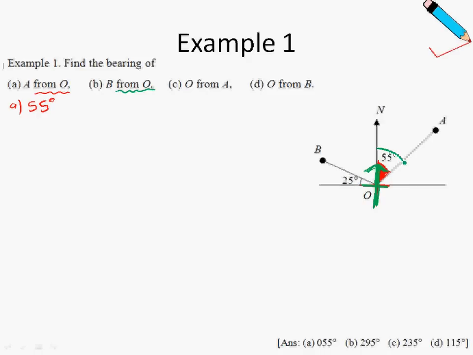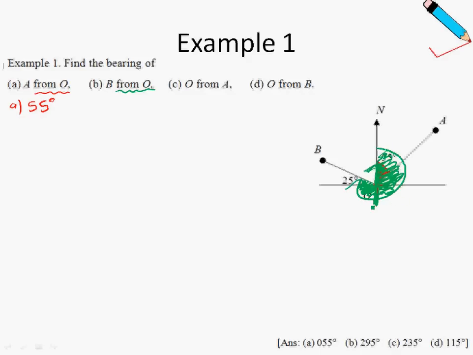So the angle that I'm looking for goes like this all the way to here. This green angle you see over here is the angle that I'm looking for in part B. It will just be 270 degrees, because 3 quadrants is equivalent to 270 degrees.